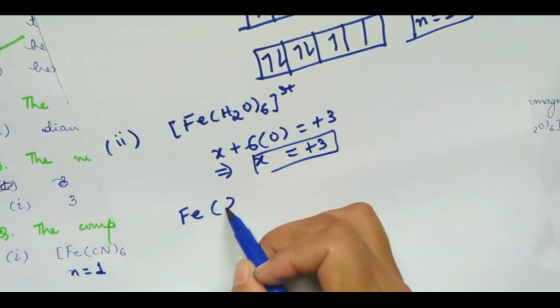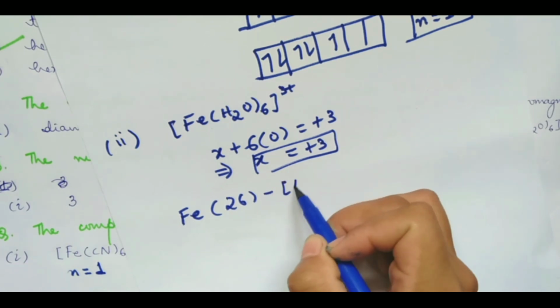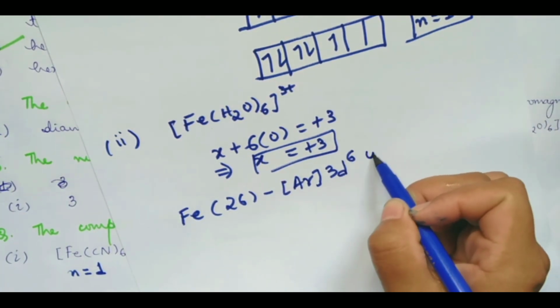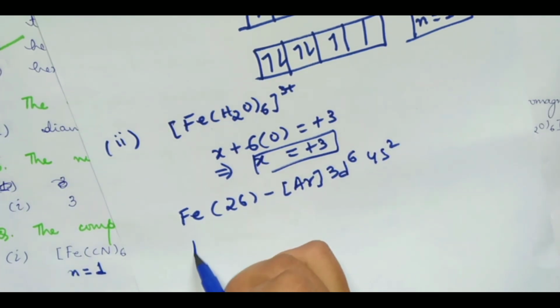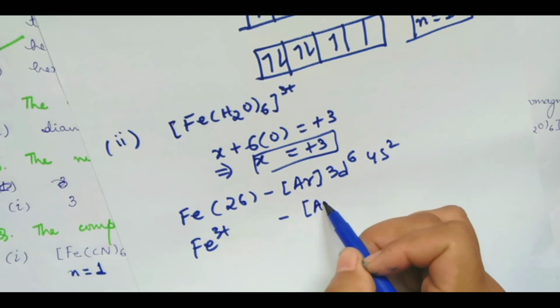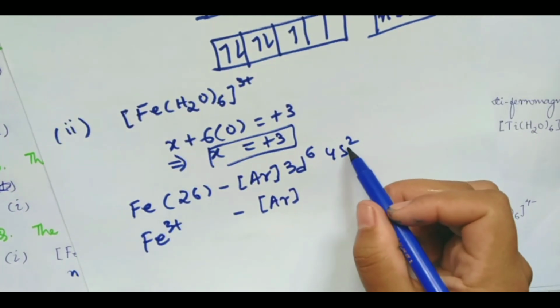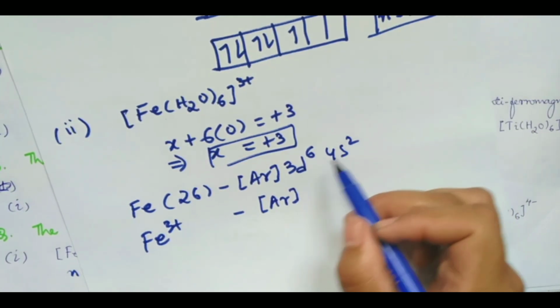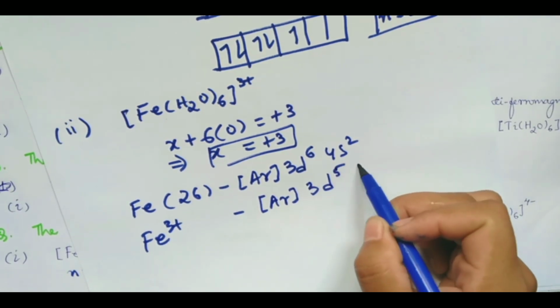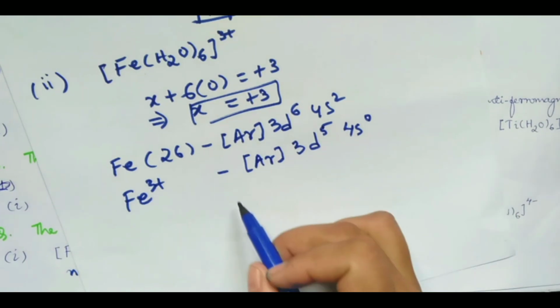Write the electronic configuration. We have argon 3d6 4s2. In the plus 3 oxidation state, we have argon, 2 electrons are lost from the 4s, 1 from the 3d. Then we are left with 3d5, 4s0.